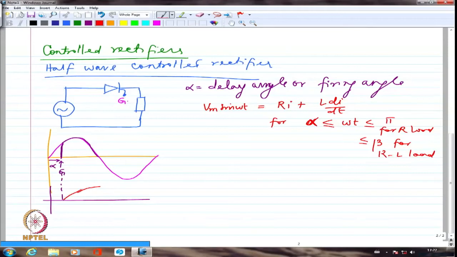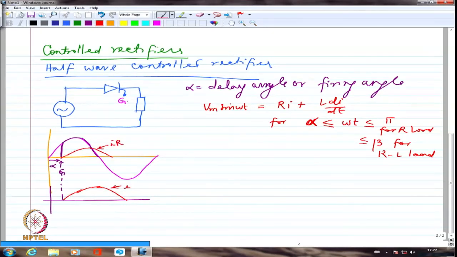The current will start like this and then it will probably die down at some point, depending upon where exactly the current starts falling, how much is the stored energy in the inductance and so forth. If I try to draw the voltage corresponding to this, I may have some voltage waveform somewhat like this, right? The same current I am drawing multiplied by R. If I only look at the voltage across resistance, this is going to be IR.